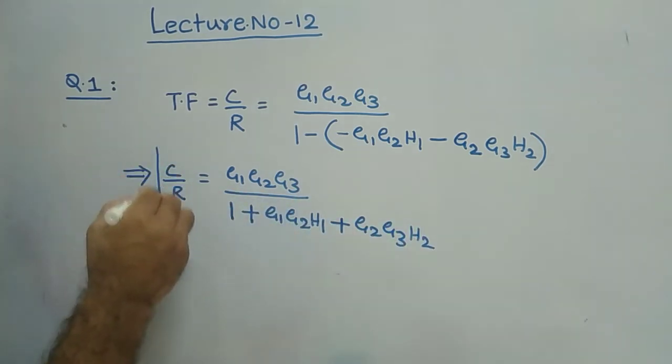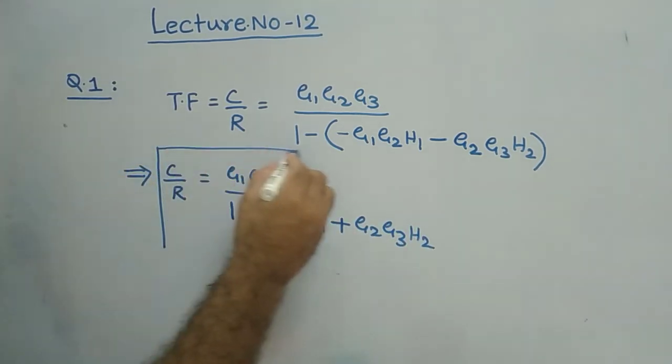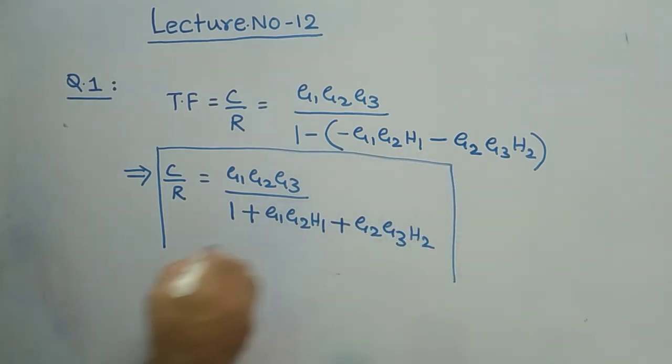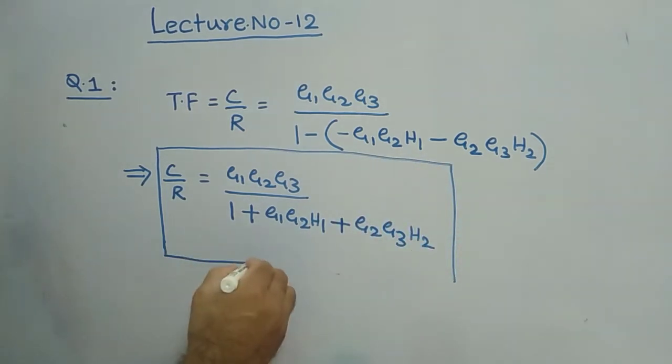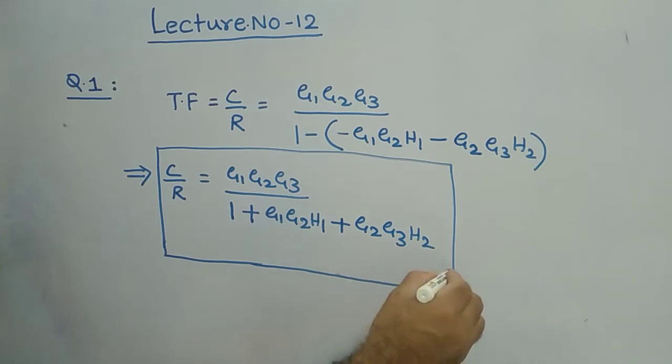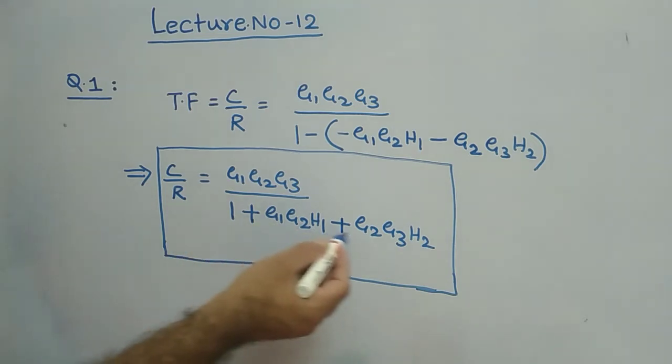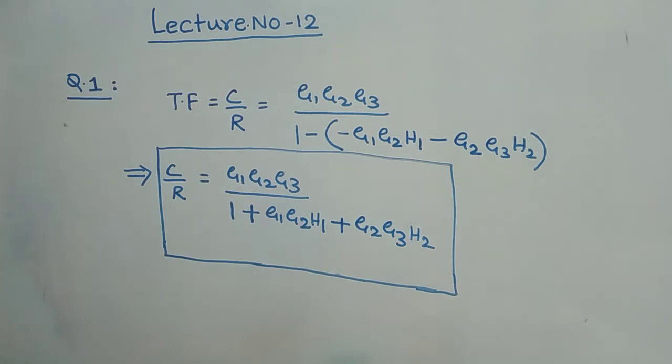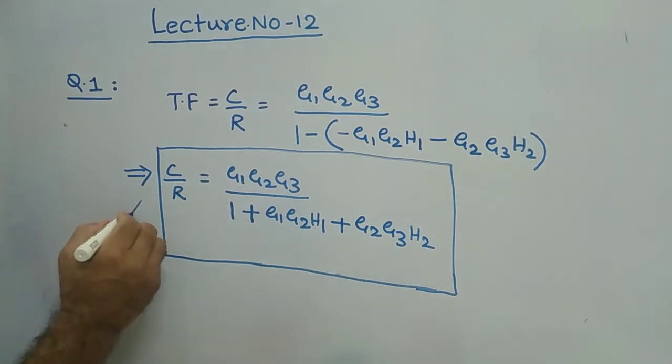This is the answer for that question. By practice you can solve this: G1, G2, G3 by 1 plus G1, G2, H1 and G2, G3, H2. That is the answer for that question.